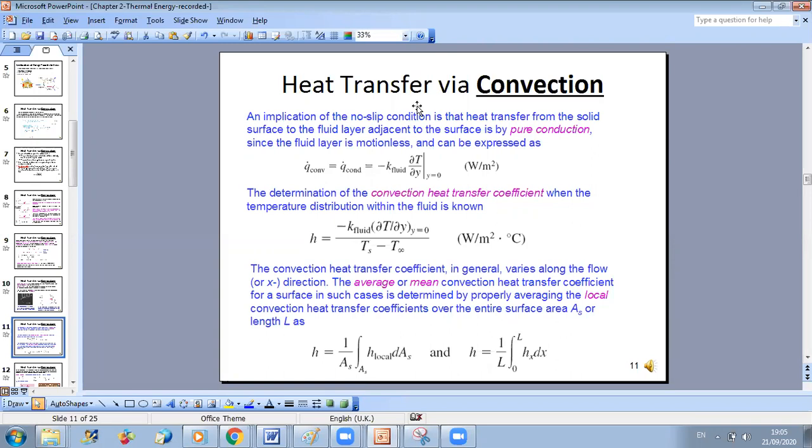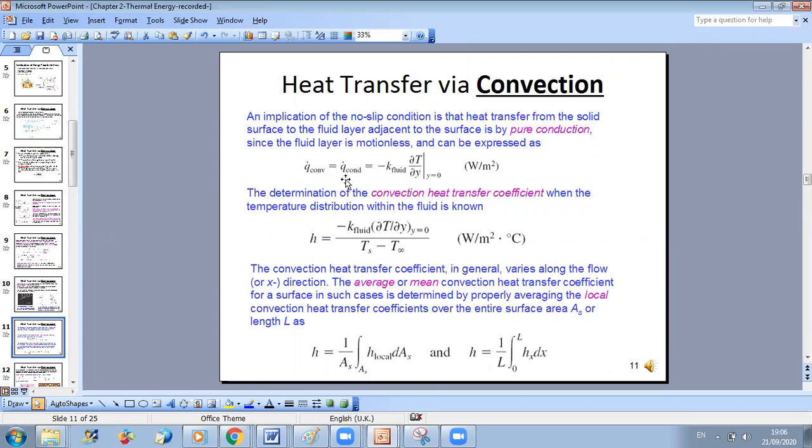And then when we go far from the layer in contact with the surface, where we will have motion of the fluid, then heat is transferred by convection. And due to conservation of energy, since we are working in steady state condition, the heat flux by conduction will be equal to the heat flux by convection. So we can say that Q dot convection in the fluid is equal to Q dot conduction in the fluid.